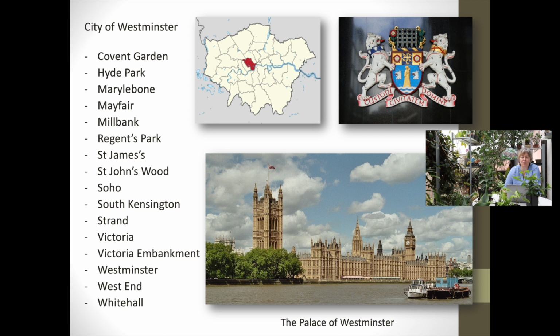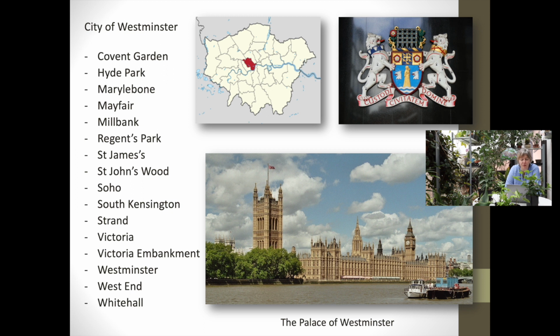So soon enough it was included into the geography of London and unified. So they have their own symbols, and they have a lot of famous places, a lot of monuments. I just list a few areas, or more than a few, because this is the most important place in London.